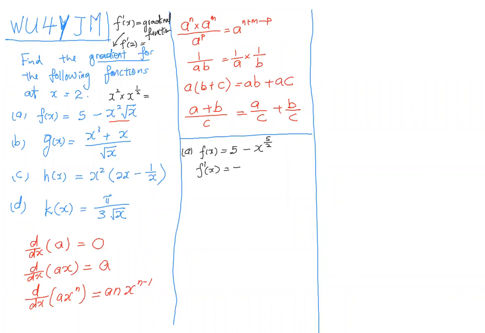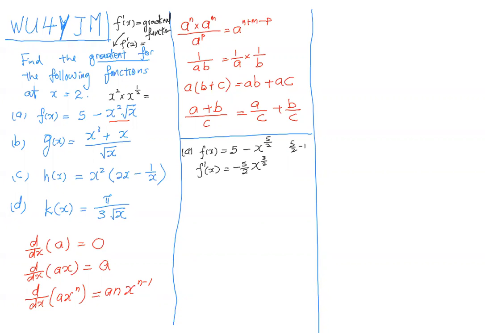Negative 5/2 x to the power of 5/2 minus 1. So 5/2 minus 1, what is it? 3/2. So we write here straight away 3/2.